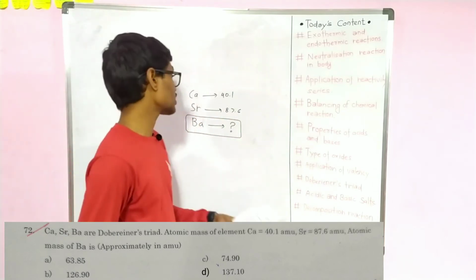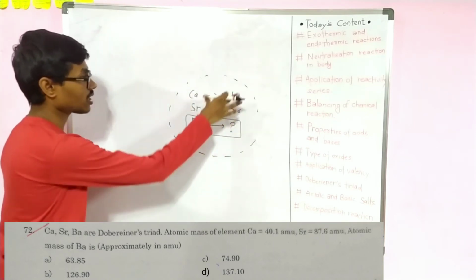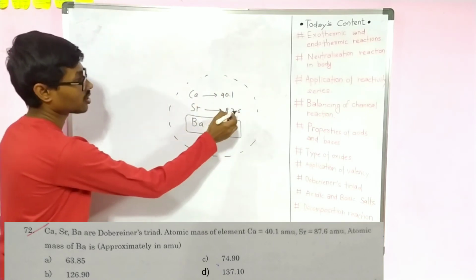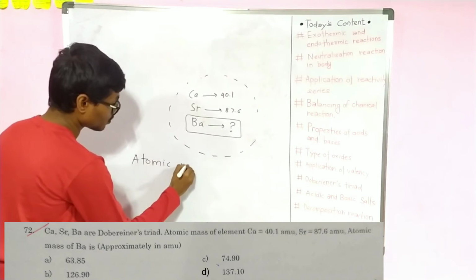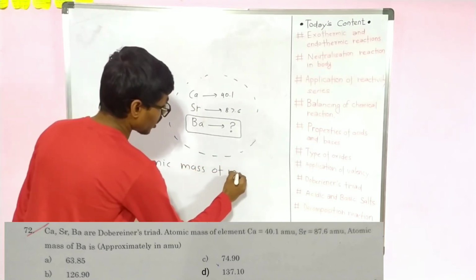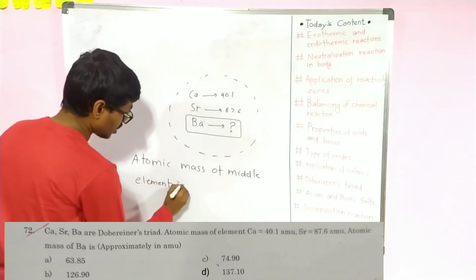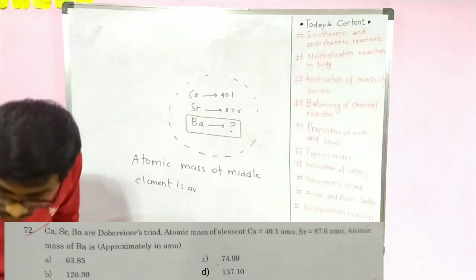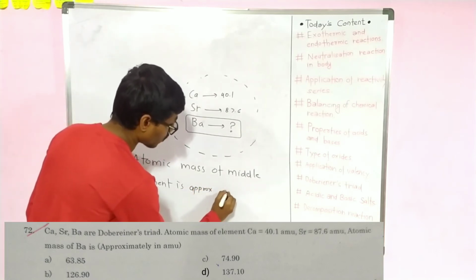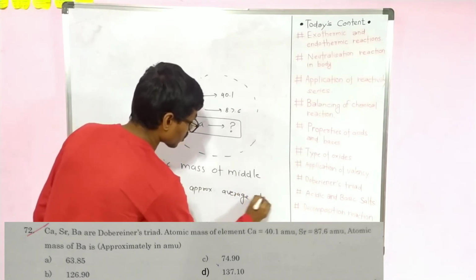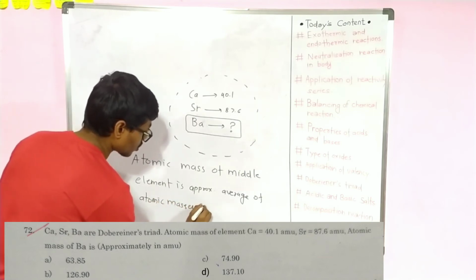Now according to Dobereiner's triad, if these three are Dobereiner's triad, then atomic mass of middle element is approximate average of atomic masses of other two.